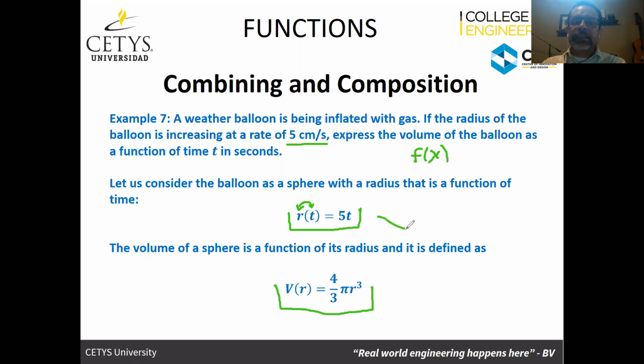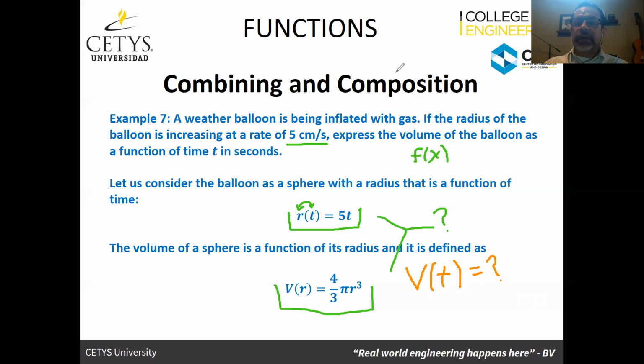Now, how can we relate these two? Or how can we find an expression, which is basically what I'm looking for? We want to find an expression of the volume of the sphere, but not with regards to the radius. I want to find an expression of the volume with regards to time. So, how could we do that?